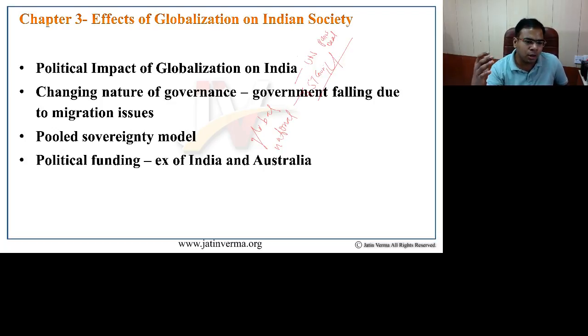The European Union became a meta government over the national governments, due to which the national government had a certain degree of restriction in protecting its currency and protecting its border. When they were not able to perform these two basic functions, there was some backlash to the pooled sovereignty model as well.